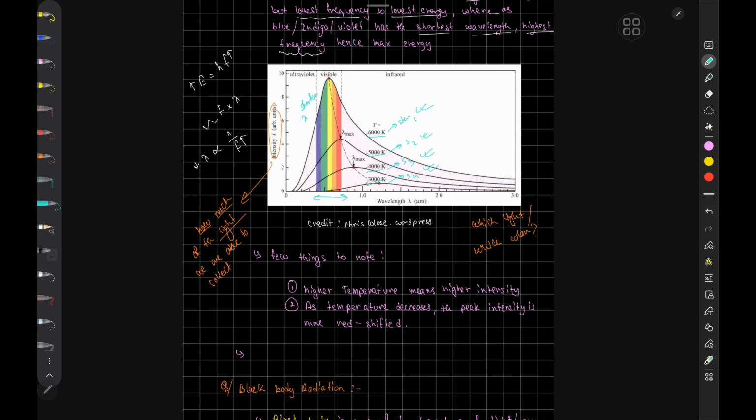So what is happening is when you plot this dotted line, you see a kind of graph emerging out of this. You know what kind of graph this is? Very similar to y equals 1 by x. So what have I plotted?